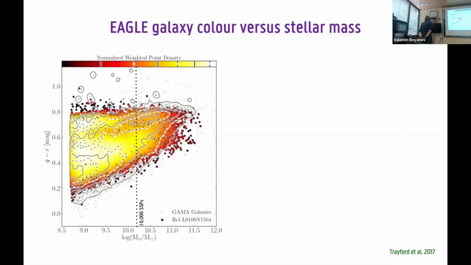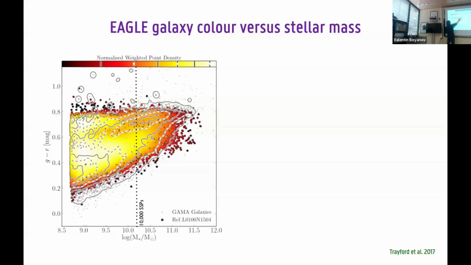And one thing we did, for example, is look at this relation that I showed before, like stellar mass versus galaxy color. So this is relatively easy to measure for observed galaxies. And you have that here, the lines or the gray things are like what observers have found in the GAMA survey. And indeed, you see here you have two regions.